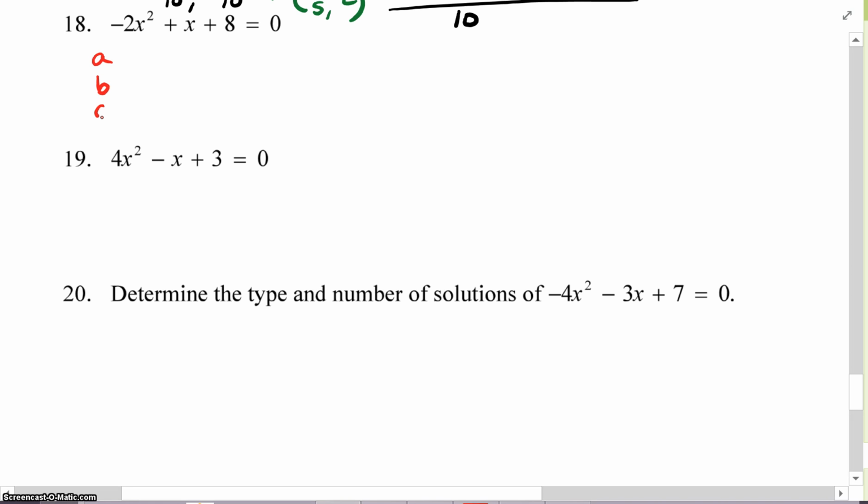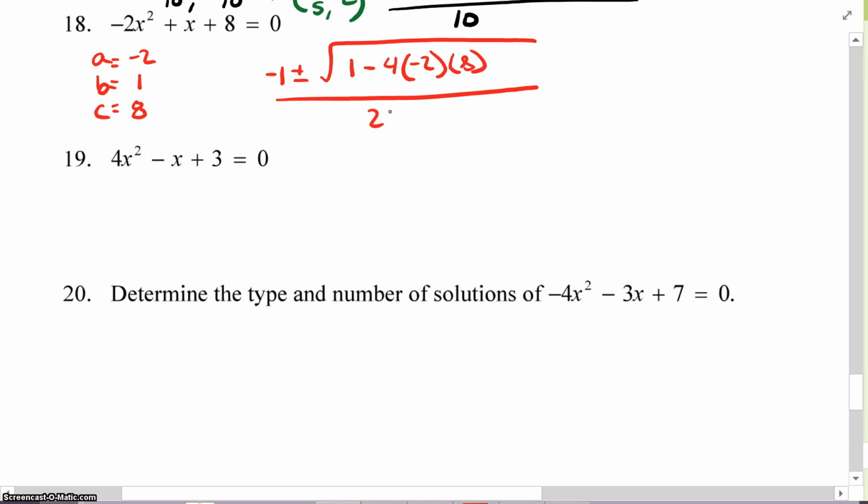Get our A, B, and C values correct. Our A value is negative 2, our B value is 1, our C value is 8. So I got negative B plus or minus the square root of B squared, which is 1, minus 4 times A times C all over 2 times A. So that's going to be negative 1 plus or minus the square root of 1 minus 8 times 8 would be 64, so plus 64 all over negative 4.